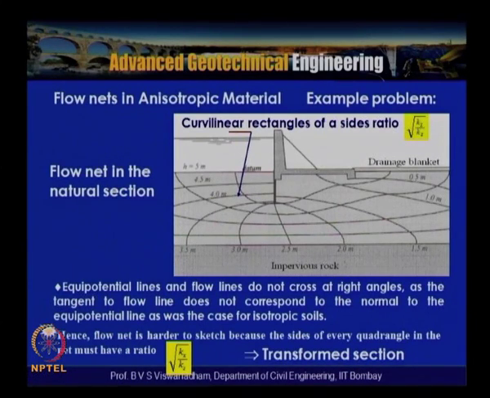For that, the transformed section is one option, and what we said is to represent the vertical scale as it is and adopt the horizontal scale in such a way that the scale is root over Kz by Kx times the scale of the vertical.